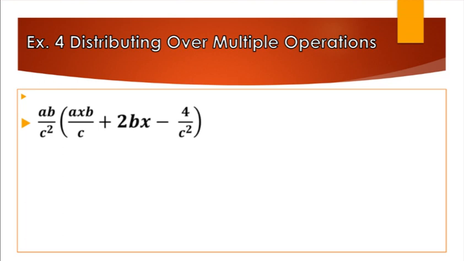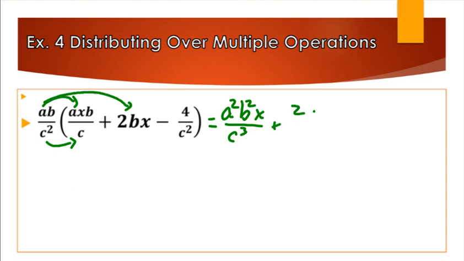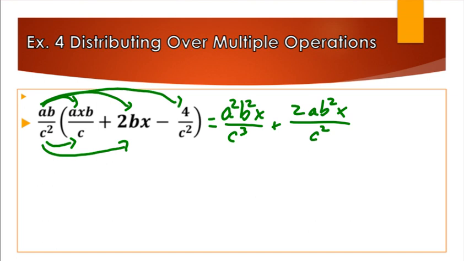And distributed over multiple operations. So doing the same thing here. So we got a squared b squared x over c cubed, plus 2ab squared x over c squared, and then minus 4ab over c to the fourth.